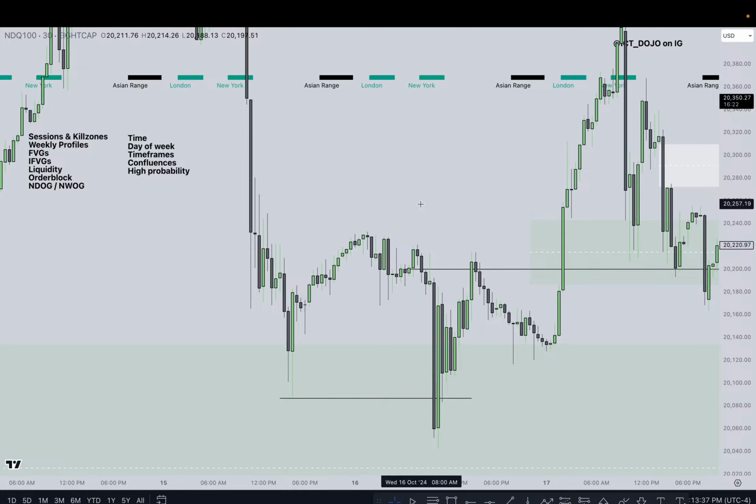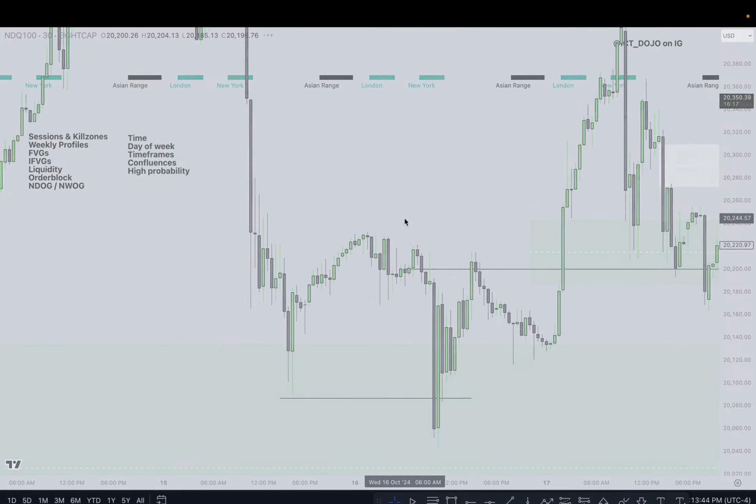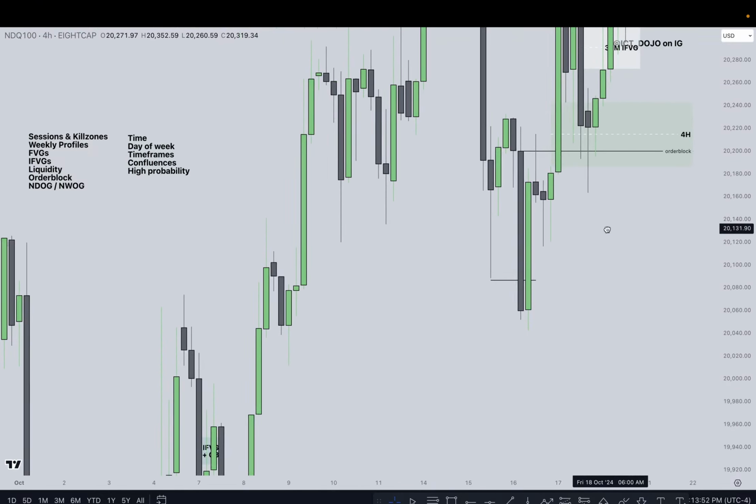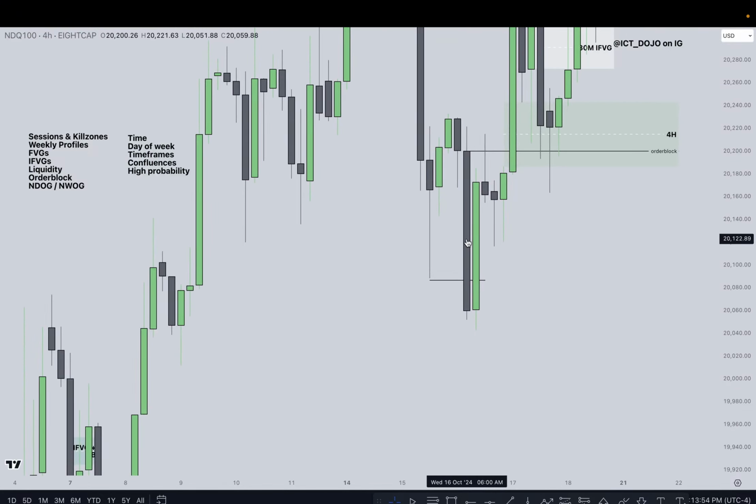So we are expecting, now that we got these 4-hour candle closes right here, 9:30. Let's go to the 4-hour time frame. So when I would start looking for that trade is once this 4-hour candle closes, which is 6 a.m., right?